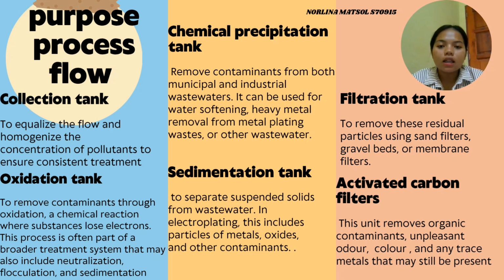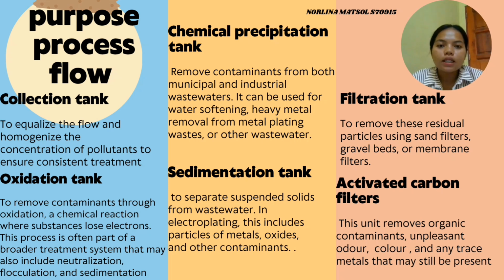The third is the chemical precipitation tank, to remove contaminants from both municipal and industrial wastewater. It can be used for water softening, and heavy metal removal from metal plating waste or other wastewater.